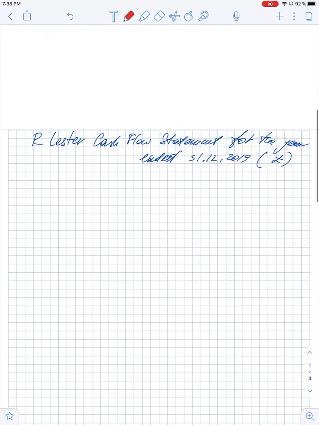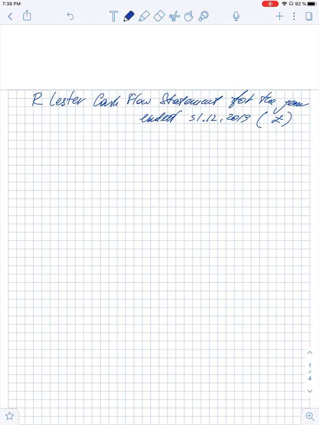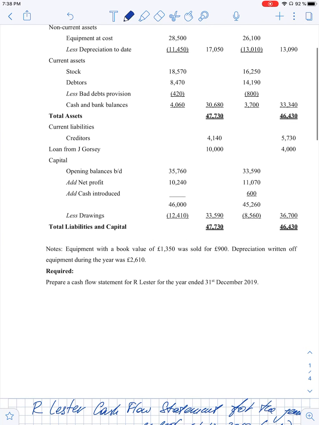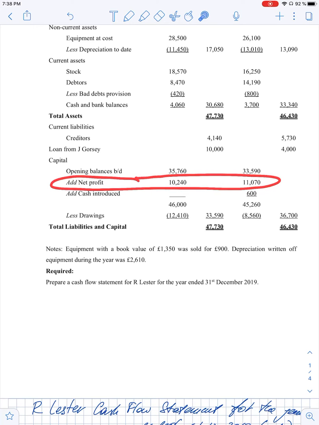So let's start our cash flow statement with operating profit of 11,070. That amount was taken out of the capital section of the balance sheet, the line that reads net profit. This is the net profit of the financial year which ended at 31st of December. So this is the net profit earned during the financial period we are interested in.